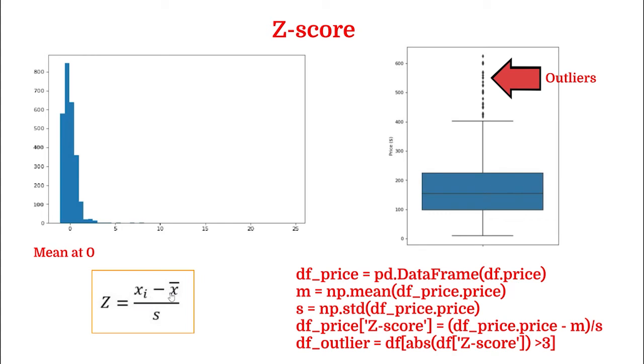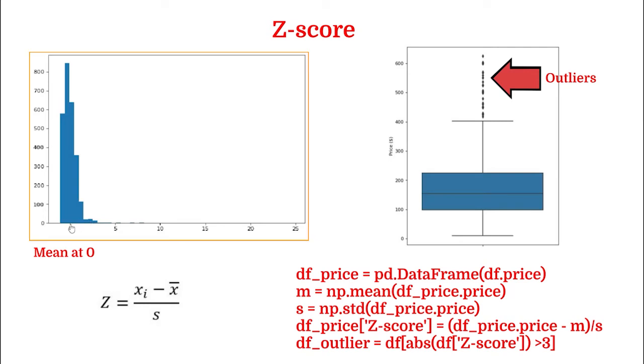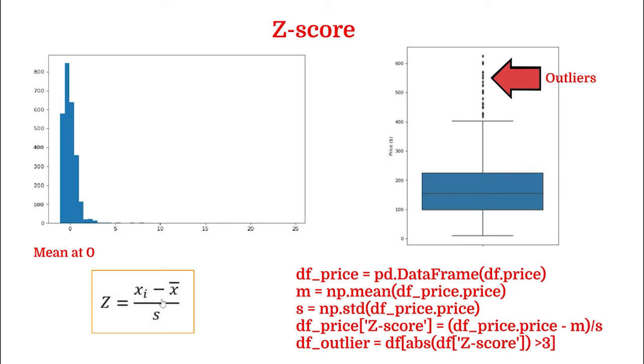We need to subtract the mean from each and every data point, and the result is divided by the standard deviation. Since we are subtracting the mean, if we plot the distribution of all the z-scores, we will get a mean at 0, and we are also dividing this result by the standard deviation.